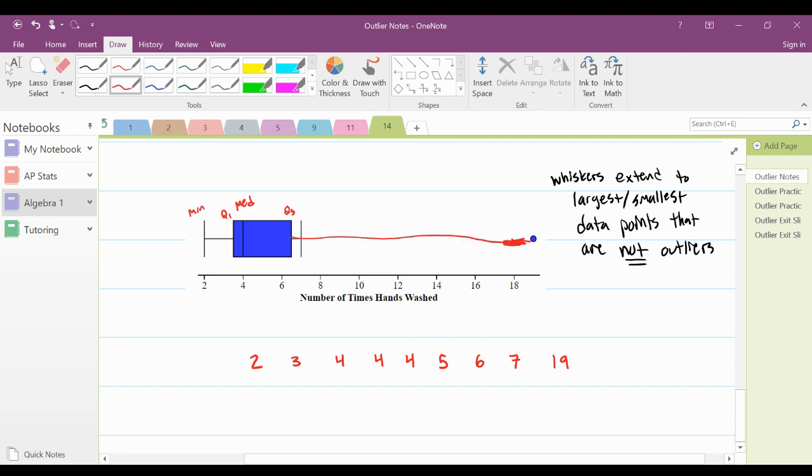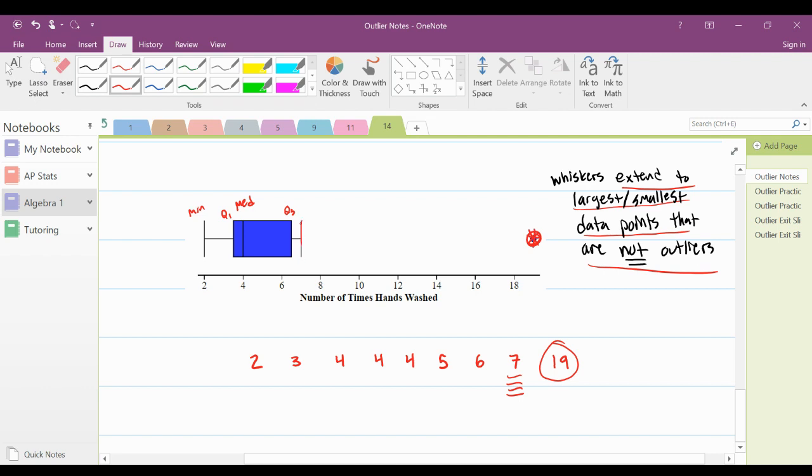However, when our maximum or our minimum is an outlier, the whiskers of your box plot only extend to the largest or smallest data point that is not an outlier. So if 19 is my outlier, I'm going to extend my whisker to 7 only, because 19 is going to be marked separately by a circle, sometimes a star.